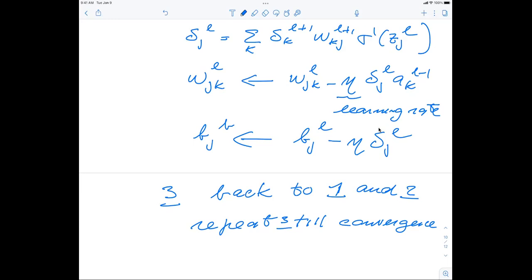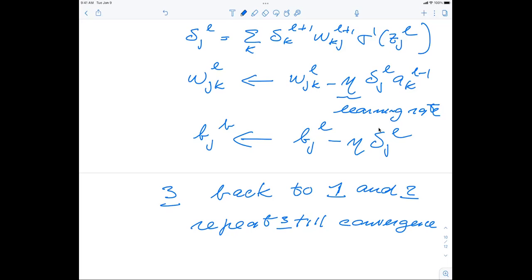But then we have a convergence criterion which measures whether the output we produce is as close as possible to the targets we want to reproduce. And so that means that if we have the mean squared error, if we say that we are happy with a mean squared error of 10 to the minus 3, we stop.